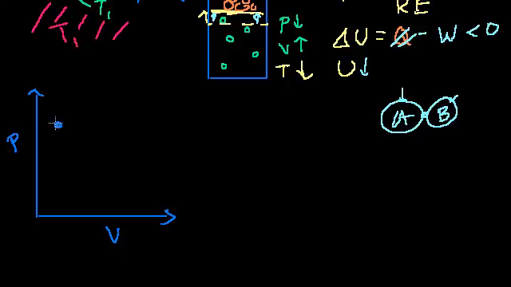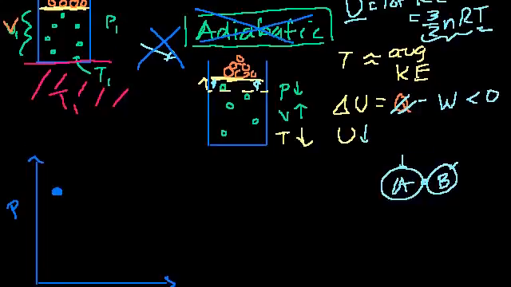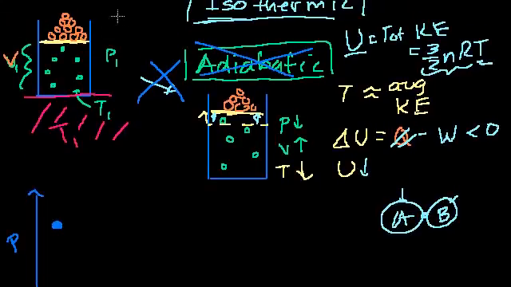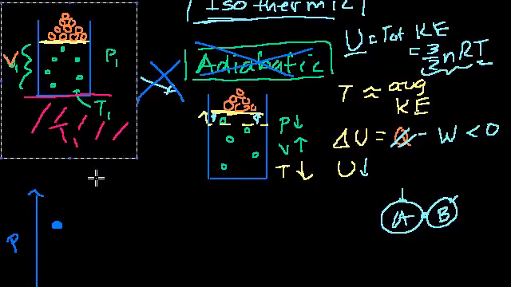So this is my starting point right here. And what I'm saying is if I'm doing an isothermic process, I just keep removing these pebbles. So I start at this state right here, and let me copy and paste it since I've done so much art already here.